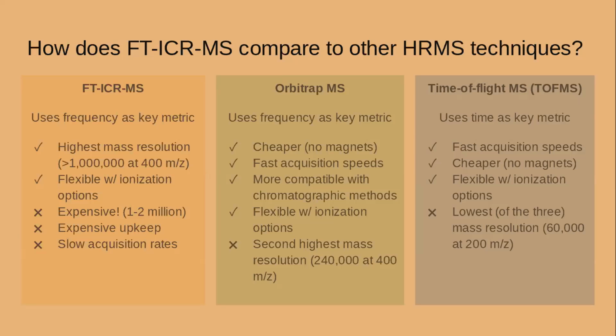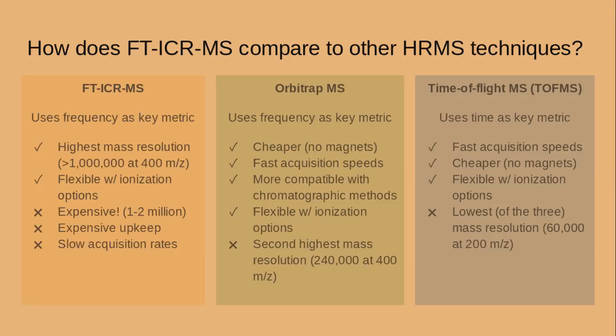But in terms of mass resolution, FTICR really is the best when it comes to having really well-resolved peaks. And then Orbitrap will follow that with really great mass resolution, and then time of flight MS also has high resolution, but just not as high.